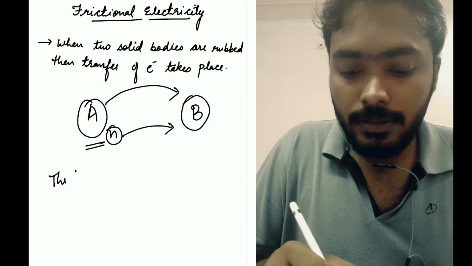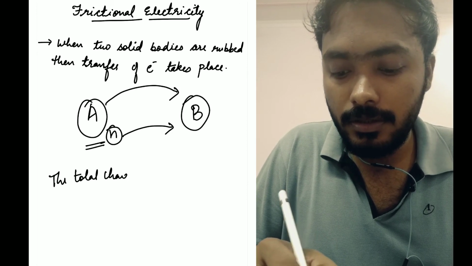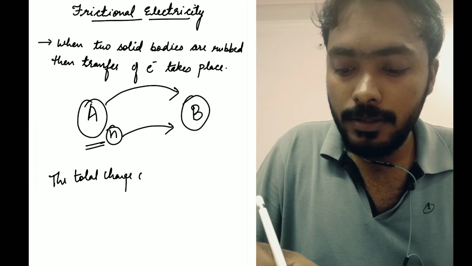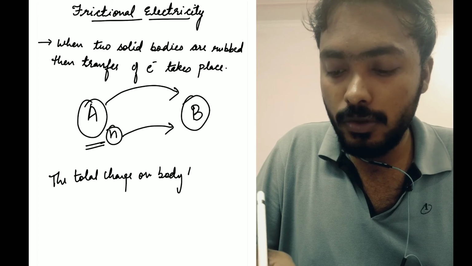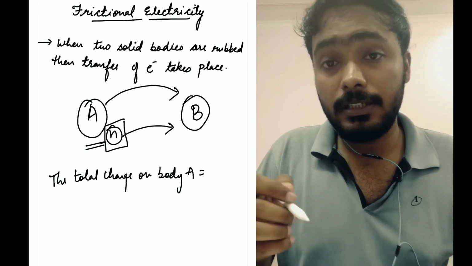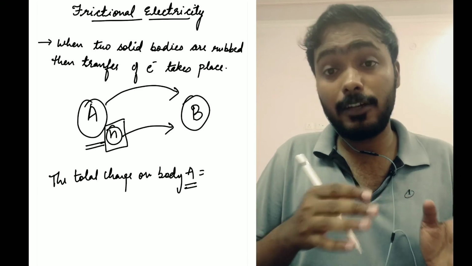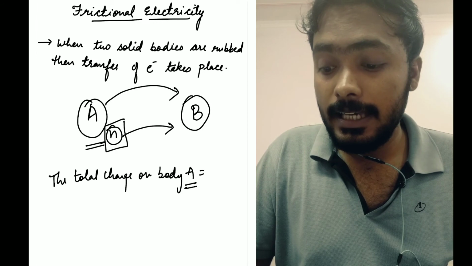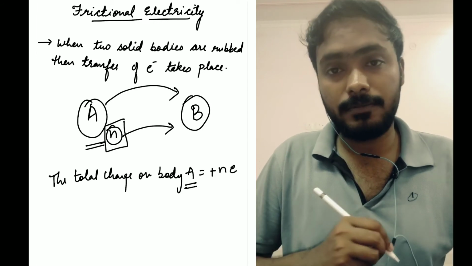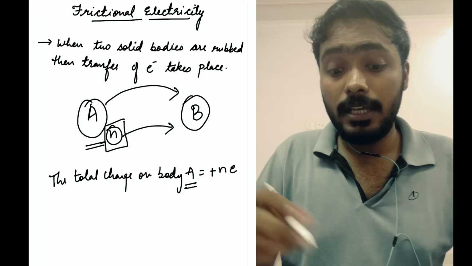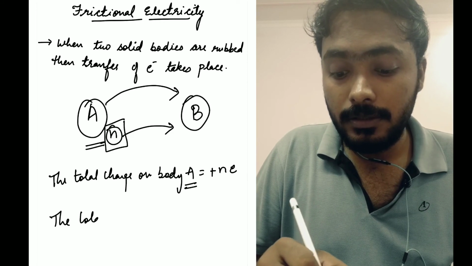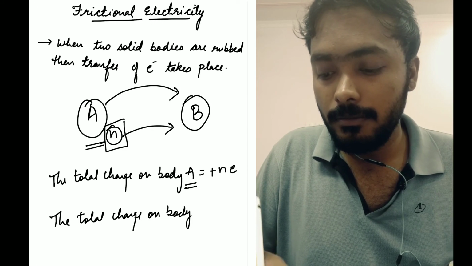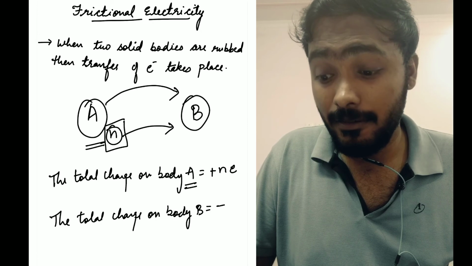The n electrons have gone to body B, so the total charge on body A will be positive, and the total charge on body B will be equal to minus n times e.